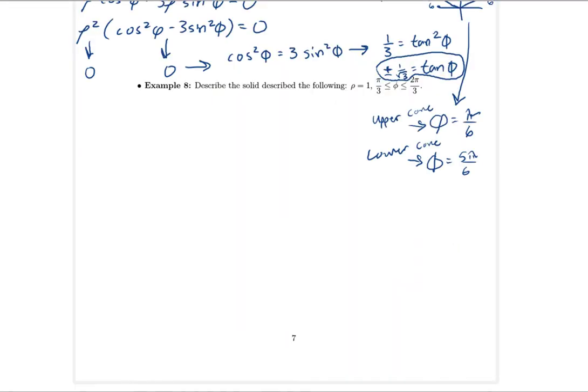All right, so last example here, and I kind of ran right into it, so maybe I should rewrite it. So we want to describe the solid where rho is always 1 and phi is between pi over 3 and 2 pi over 3. So what might be helpful here is to just think things in 2 dimensions for a moment.